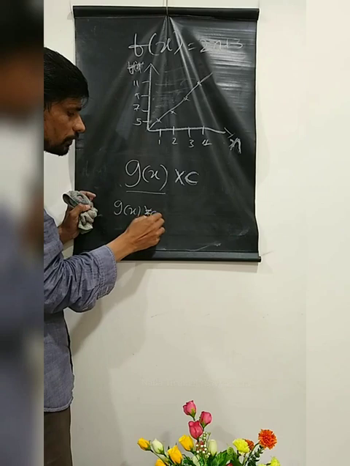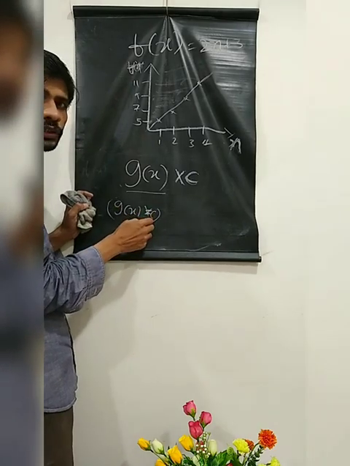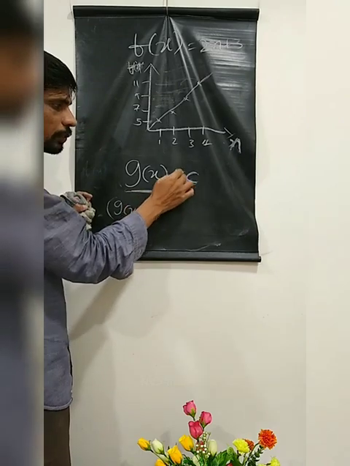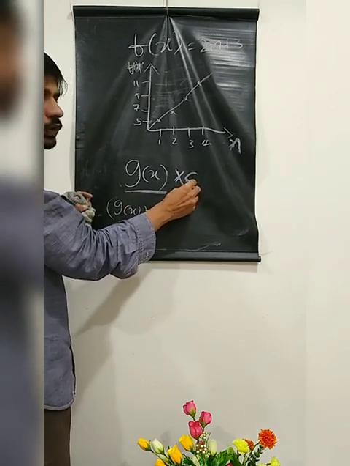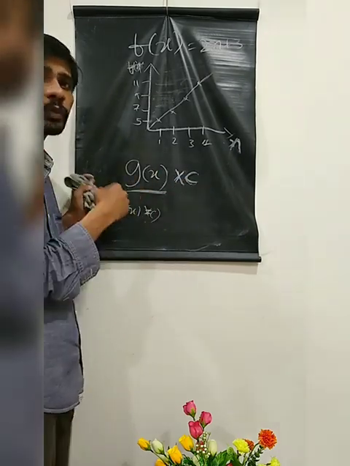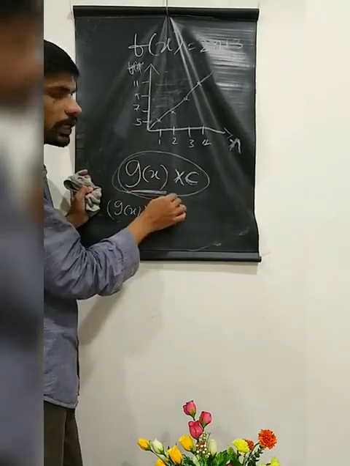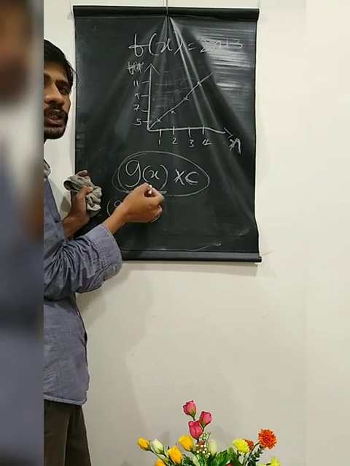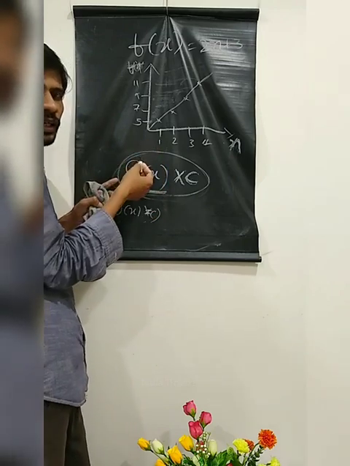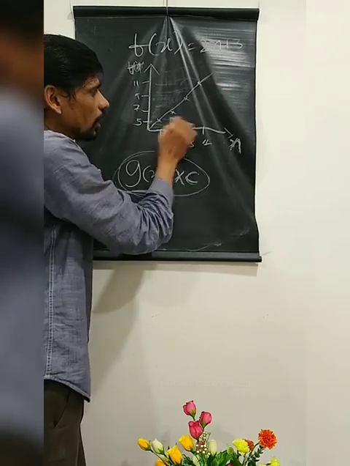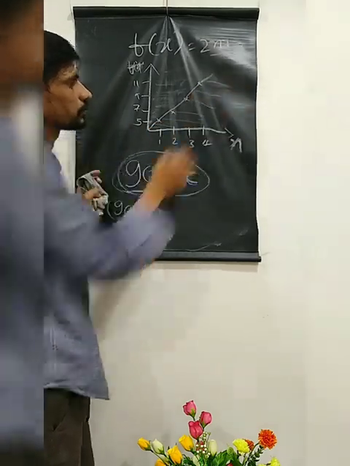When I multiply with some positive constant, I want to find a function g of x. What I am expecting is that this entire clause should produce another line that plots on or below this line.